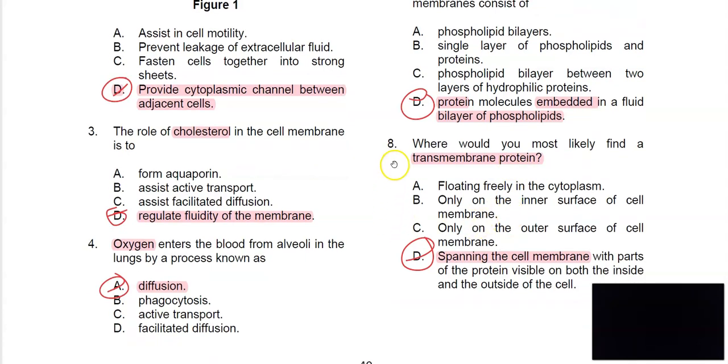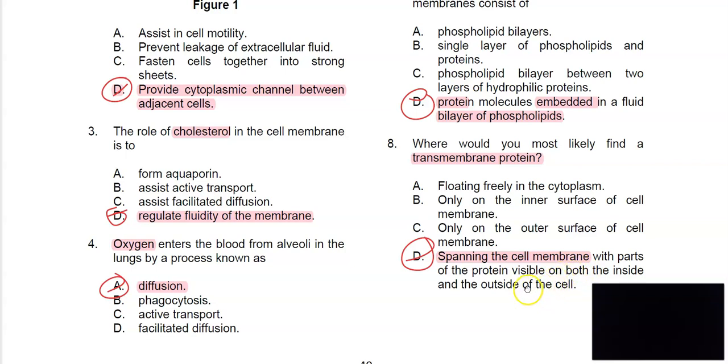Therefore, the answer will be D. The transmembrane protein will span throughout the membrane, with part of the protein visible on both the inside and outside of the cell.